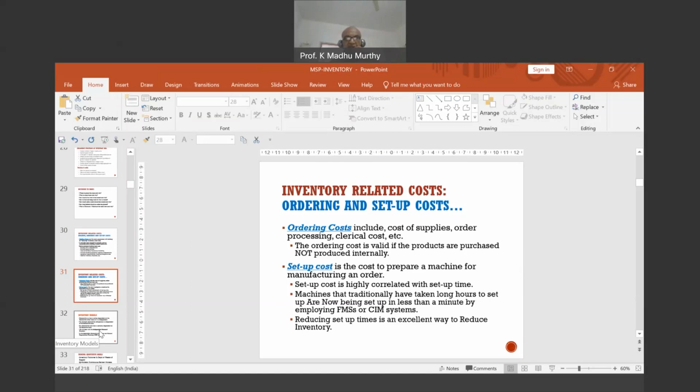Setup cost is highly correlated with setup time, and machines that traditionally have taken long hours to set up are now being set up in less than a minute by employing FMS and CIM systems. Now, these are all computer related today. So computer integrated manufacturing systems and reducing setup times is an excellent way to reduce inventories.